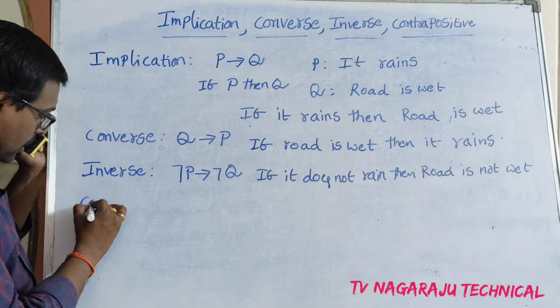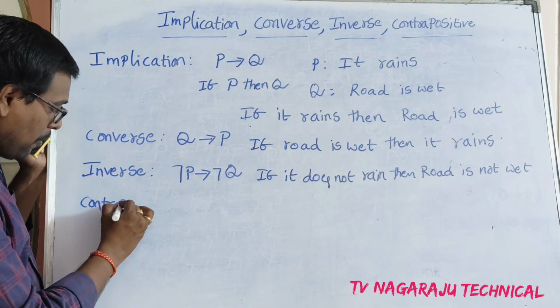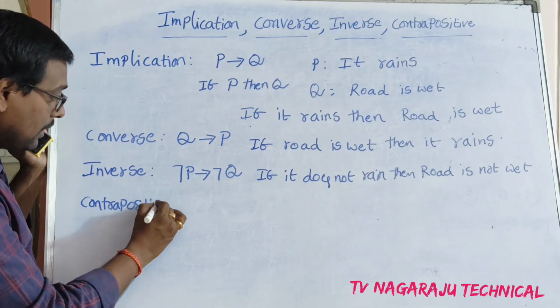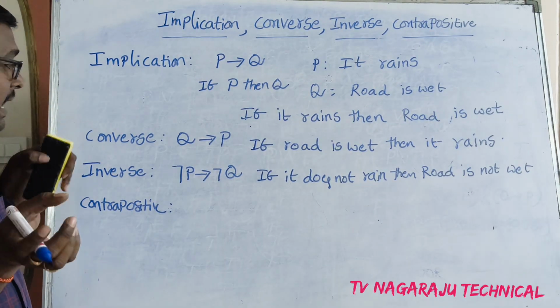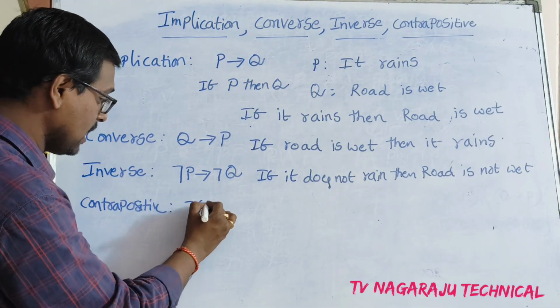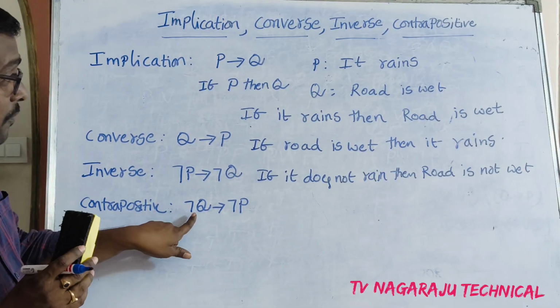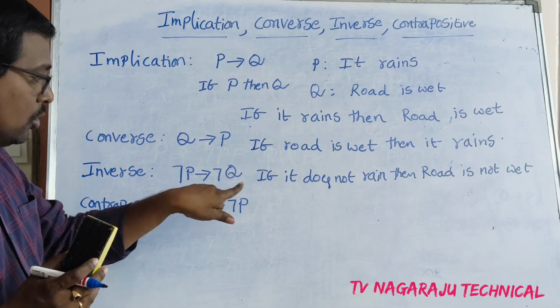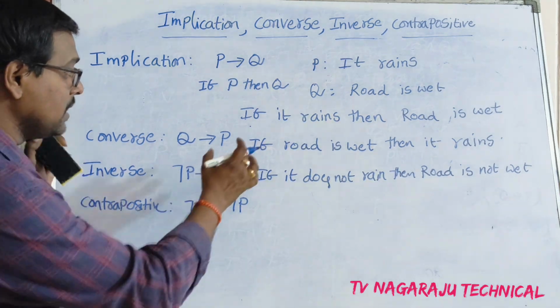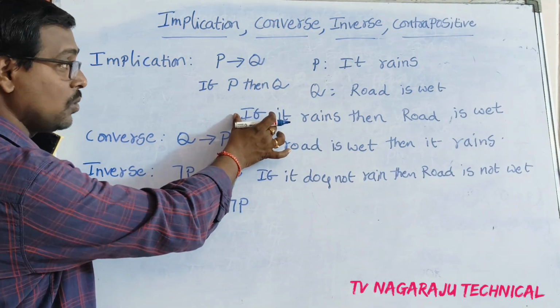And the last one is contrapositive. Contrapositive is the negation of the converse, that is, negation Q implies negation P. If not Q, then not P. That means, simply, what is the statement? This one.